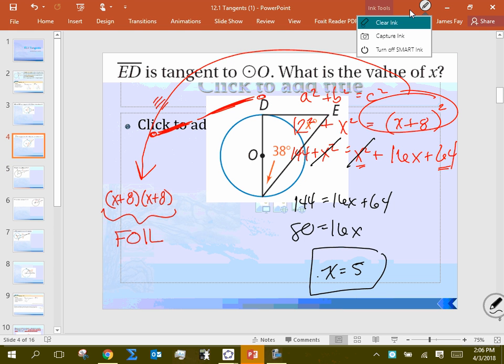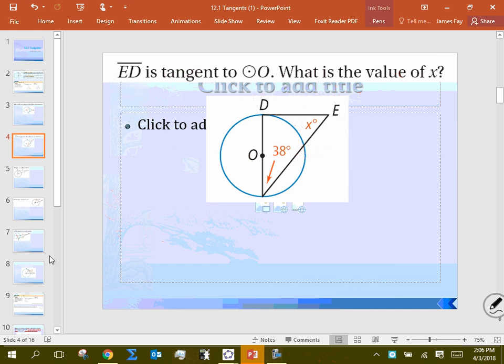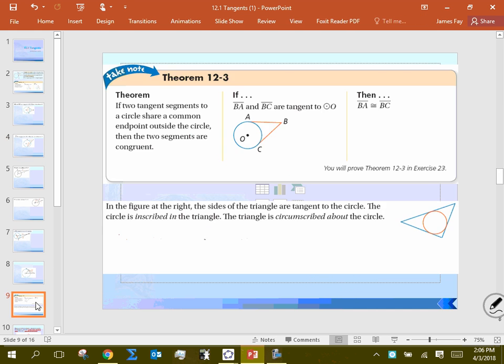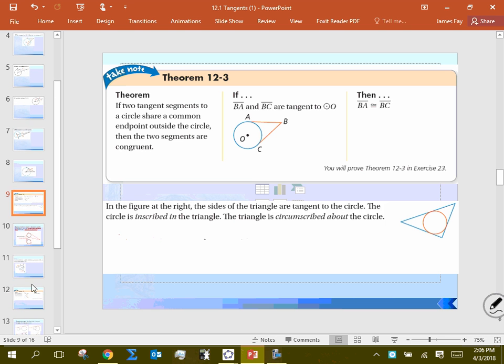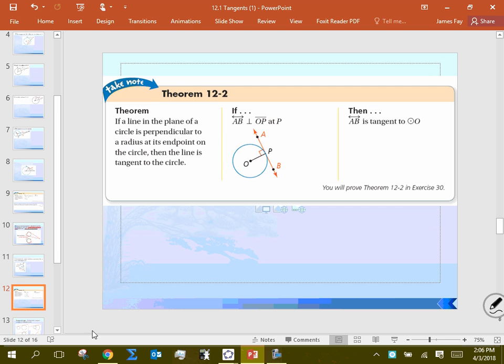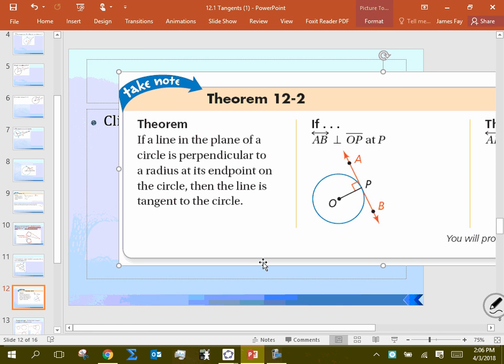All right. Let's talk about some other features of these tangent lines. I guess the first thing we should talk about is the fact that the converse of that theorem we've already talked about is true as well. So we know that a radius and a tangent line are perpendicular.